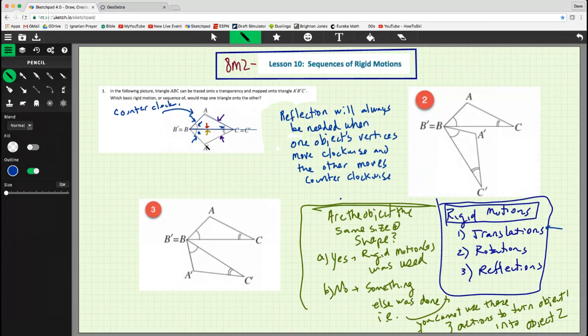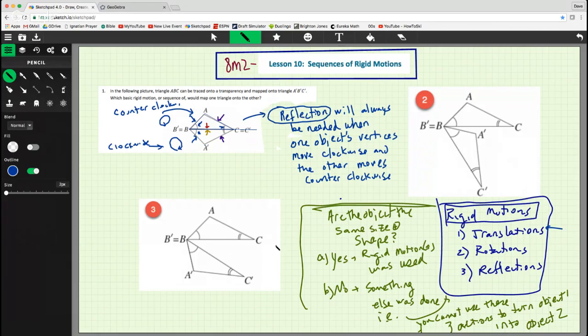If I go A, B, C, this one down here I read in this direction, and this is clockwise. Again, this one up here is counterclockwise. So I know that I will need reflection. Now you can maybe see it, but let's look at this other case here.